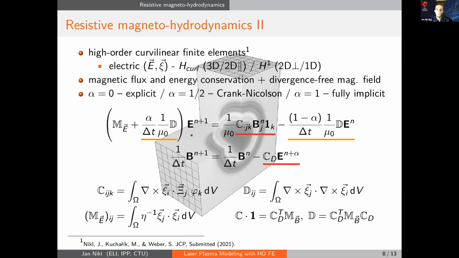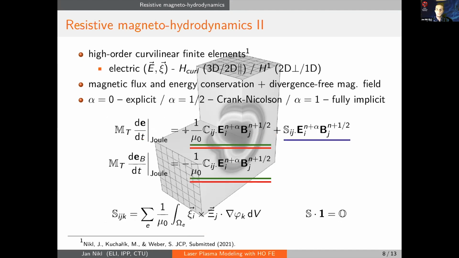So it accounts for even strongly diffusive conditions. And due to reformulation of the Joule heating, we get a nice symmetry between the energy equations, and you may convince yourself that actually this conserves the total energy perfectly.